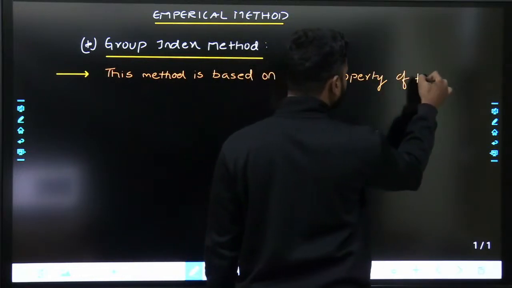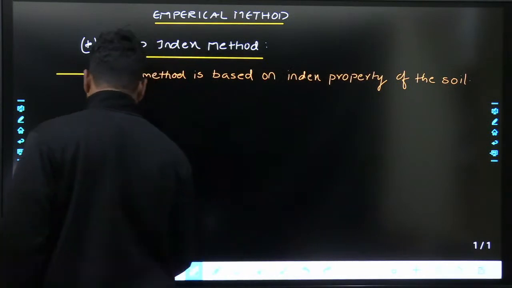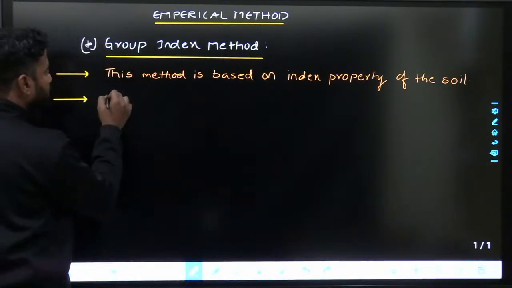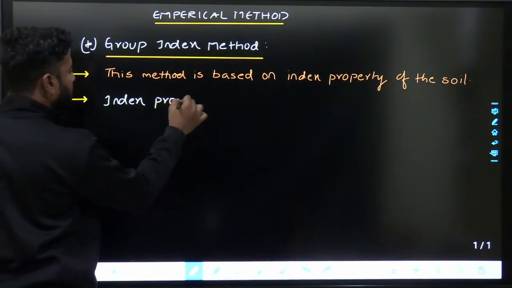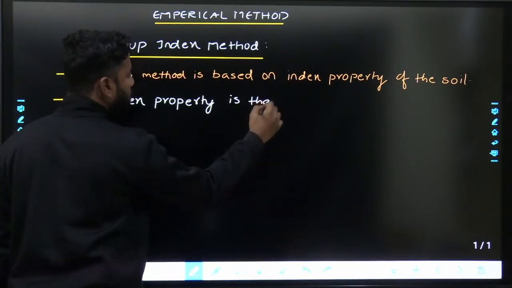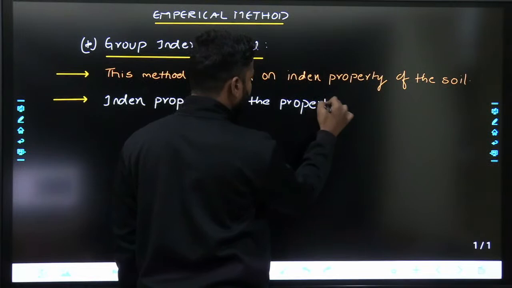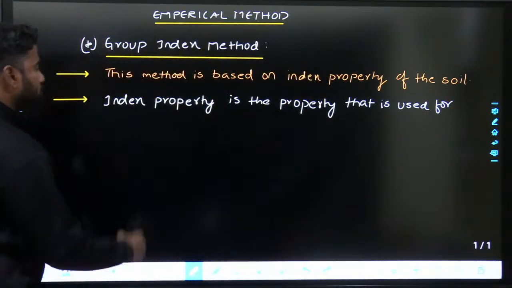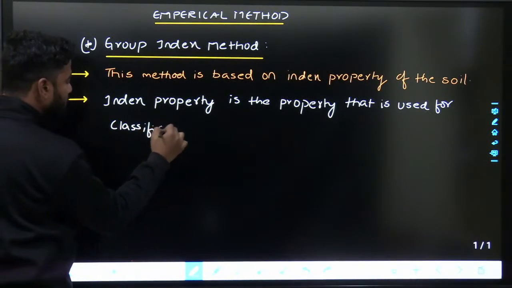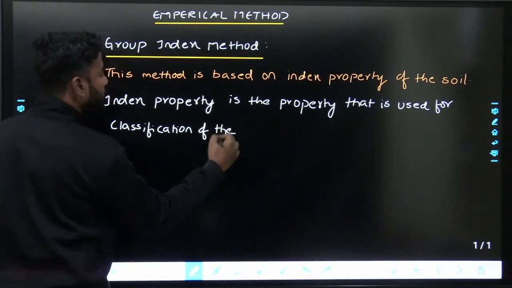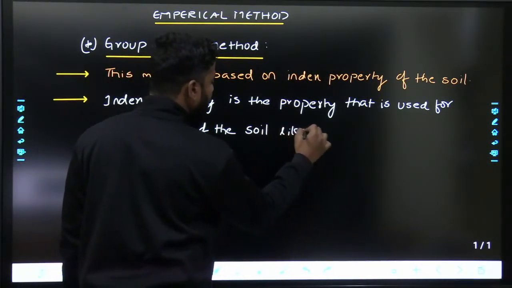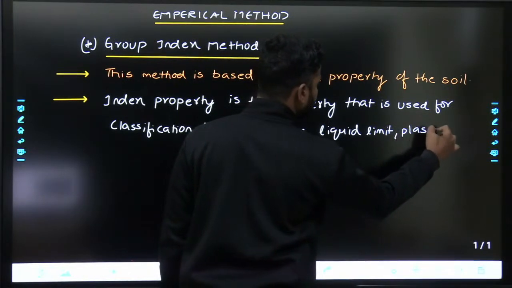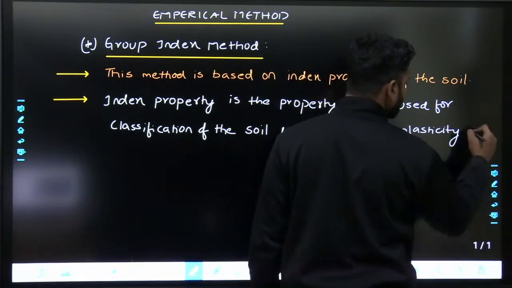Index property is the property that is used for classification of the soil, like liquid limit, plasticity index, etc.